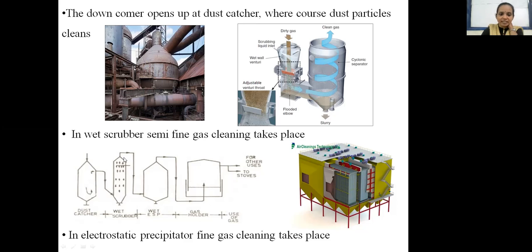After semi-fine cleaning, the gas next moves to the ESP, electrostatic precipitator. Here, fine cleaning of the gas takes place. Of the finely cleaned gas, 75% will be sent to the gas holders and 25% of the gas moves to the stoves.